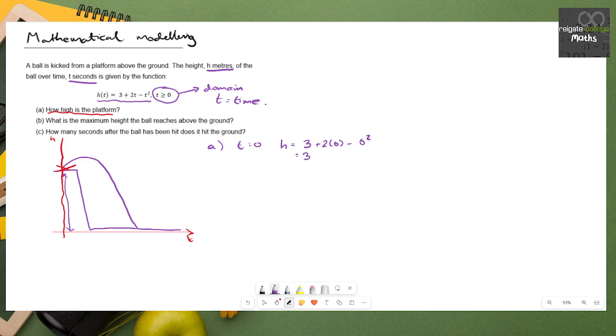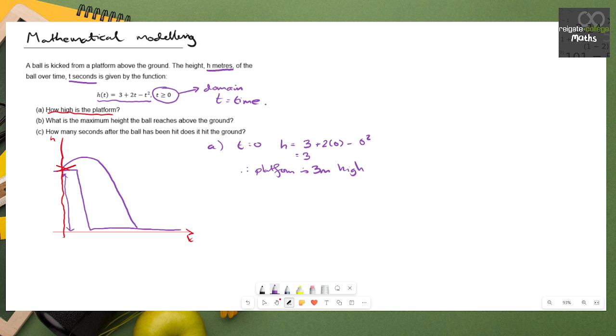Now getting h as 3 is not enough. We need to relate it back to the context of the question. So therefore the platform is 3 meters high. So you do have to be careful. We're talking in meters, so make sure that your answer includes meters. You don't have to write meters. Having m as meters is fine.